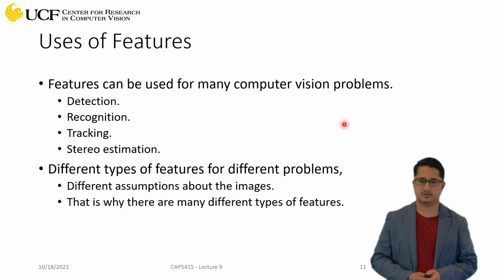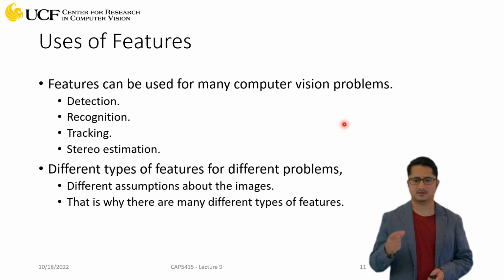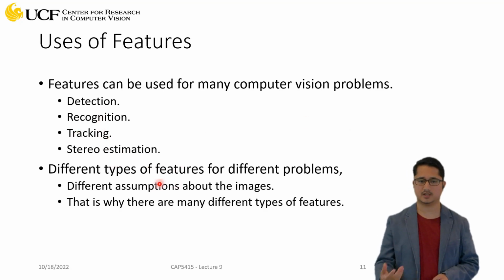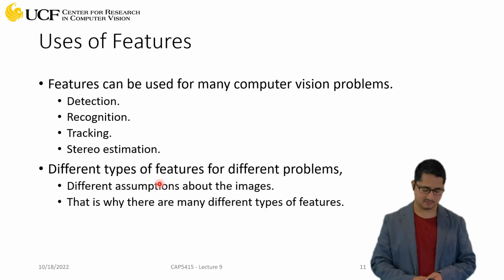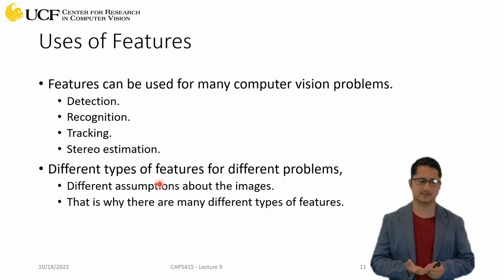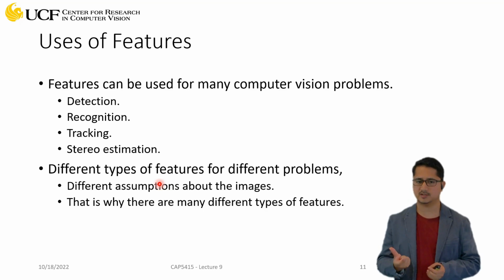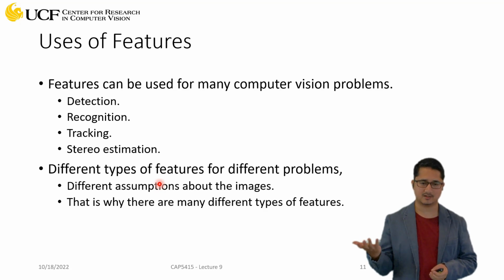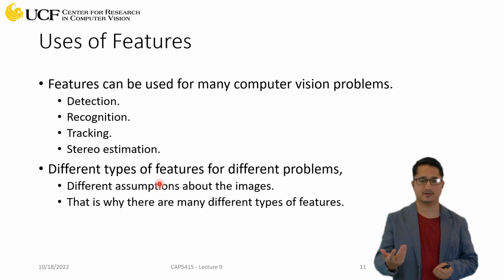Then the question is, if a single set of features can solve all these tasks, why do we need different types of features? The reason is simple: different problem domains might have different requirements, and different features might be extracting different kinds of information. One simple example: if a feature is looking at the colors present in your input image, and your task depends on color, that might require a different kind of feature.